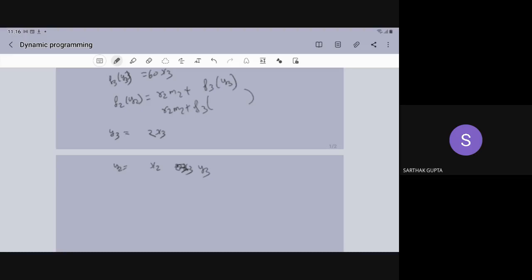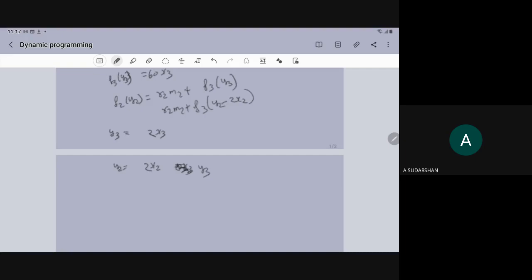So y3 will be y2 minus whatever you have allocated right here. You have allocated 2x2 in y2.